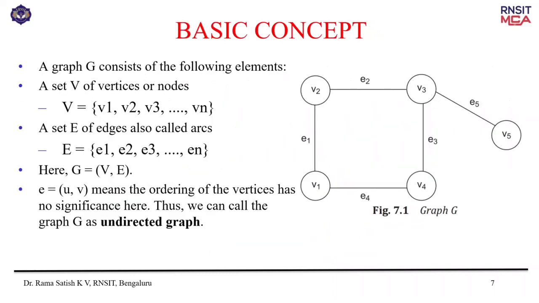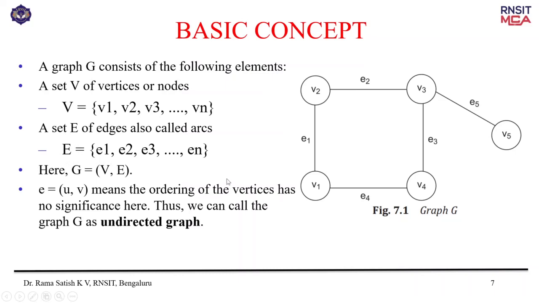And a graph is a collection of nodes, that is vertices, and edges. So we write it as G(V, E) mathematically, where V is a set of vertices, starting from V1 to Vn. Same way, E is a set of edges, starting from E1 to En.